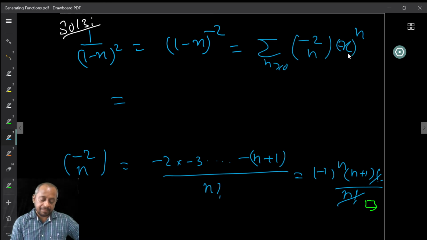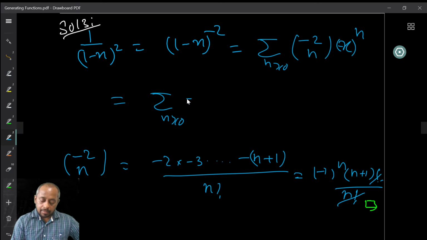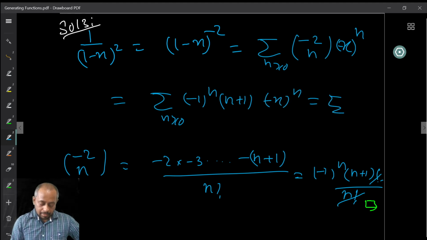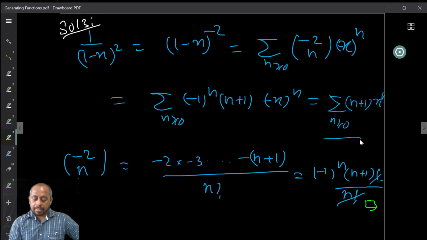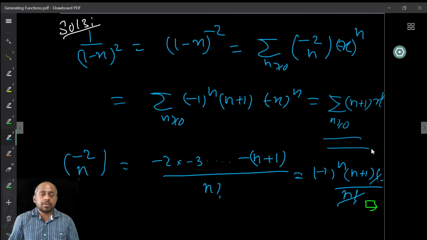So this is equal to the summation over n greater than or equal to 0 of (minus 1) whole raised to n, n plus 1, into (minus x) whole raised to n, which is equal to the summation of (n plus 1) x raised to n. So that is it. We have 3 different proofs of the same identity.